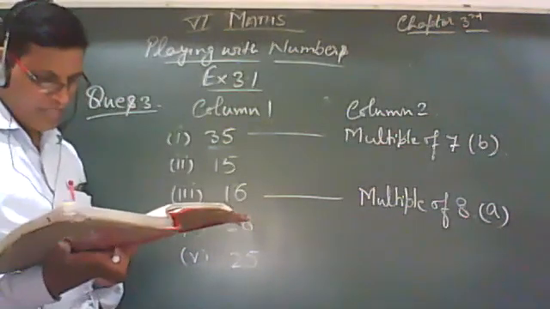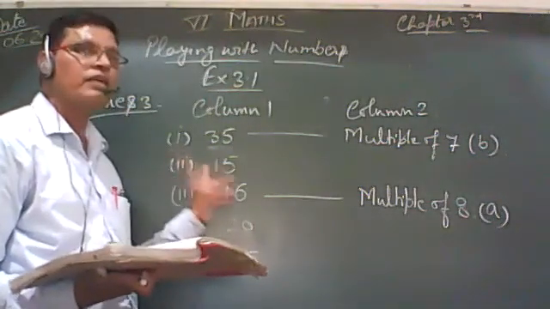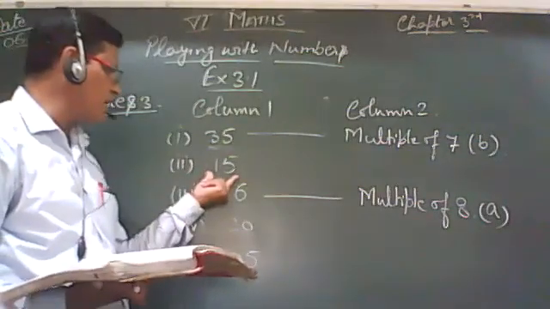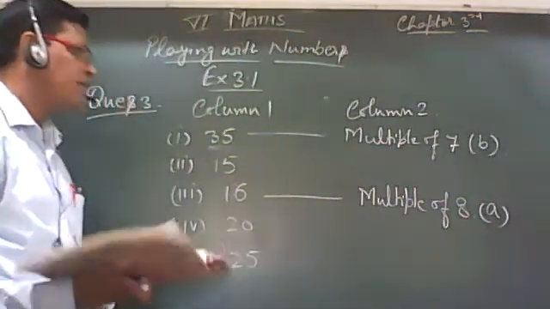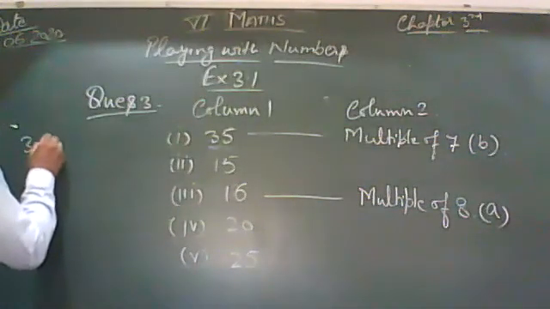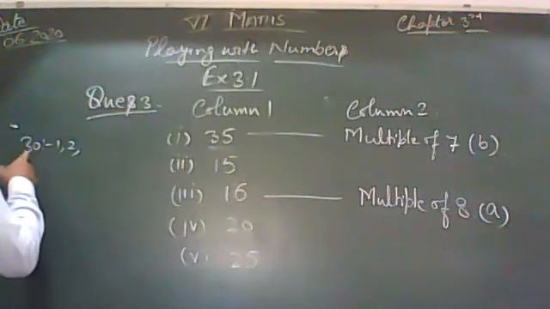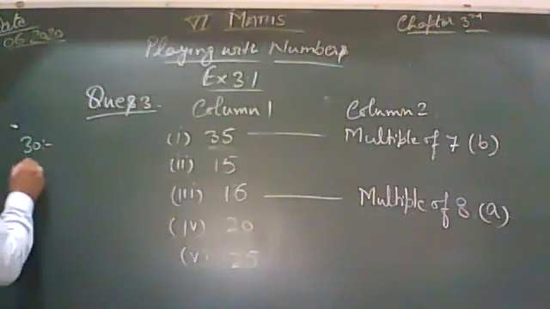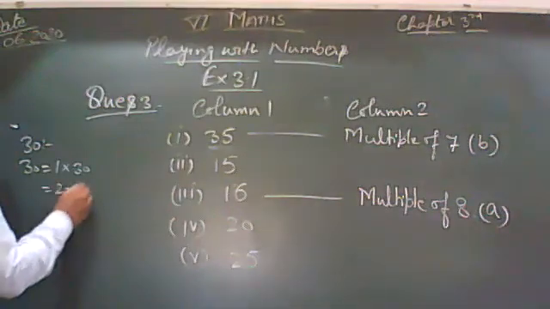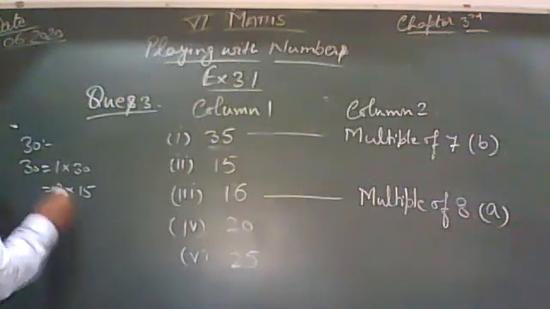D part, factor of 30. Which number is the factor of 30? 15. 15 is the factor of 30 because the factors of 30 are: we write 30 in the form of 1 into 30, 2 into 15, 3 into 10.